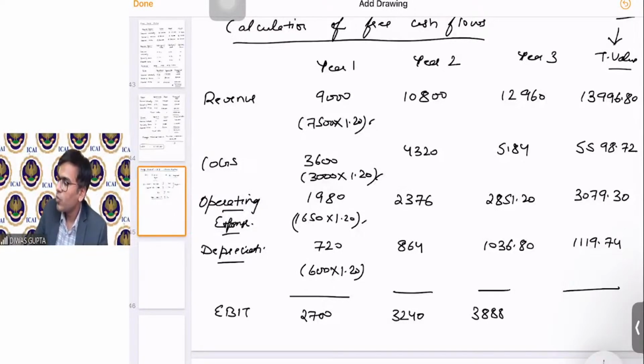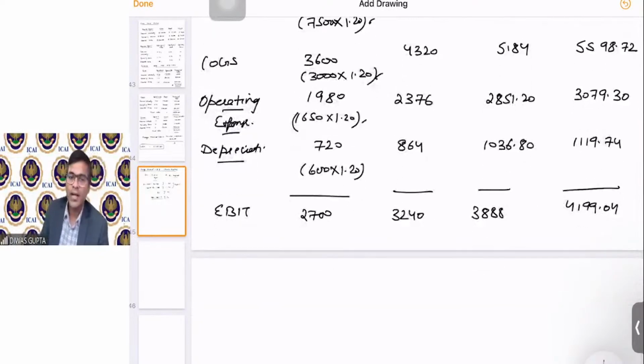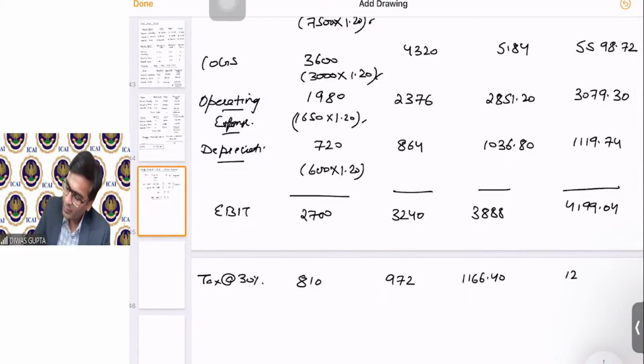And finally, this becomes 4,199.04. Okay, so this is clear, students. Then there is no interest that has been told to us. We will just take tax at the rate of 30%. Correct. So it will be 810, 972, 1,166.40, and finally 1,259.71.